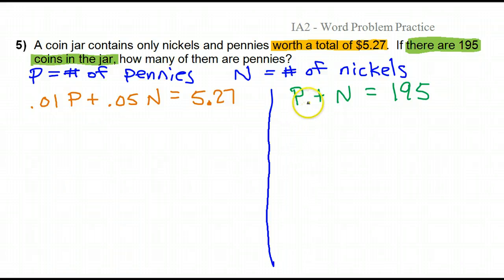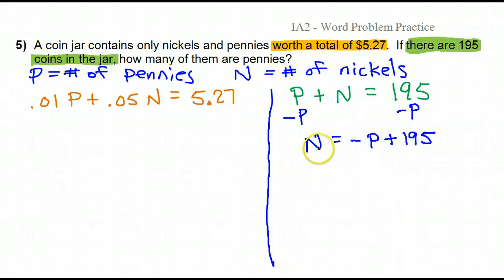And it turns out that if I want p, I really want to get n by itself right now. If I subtract p from both sides, I have n equals, I could either put 195 minus p or negative p plus 195. I'm just going to put negative p plus 195 because that's what I'm used to. Okay, I got n by itself.